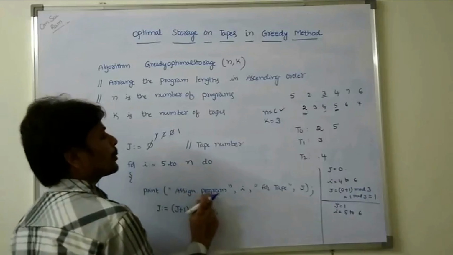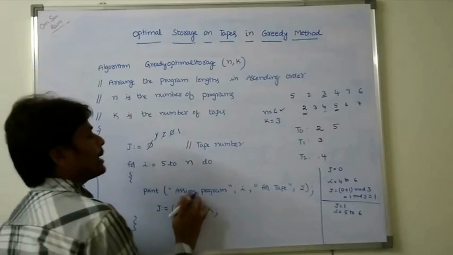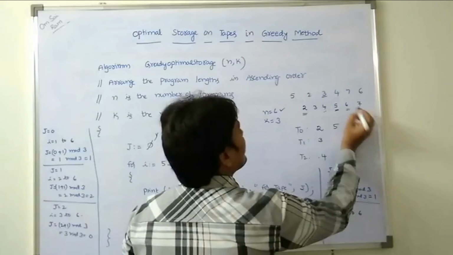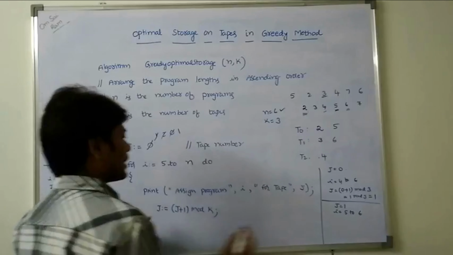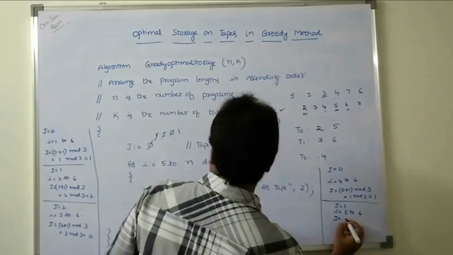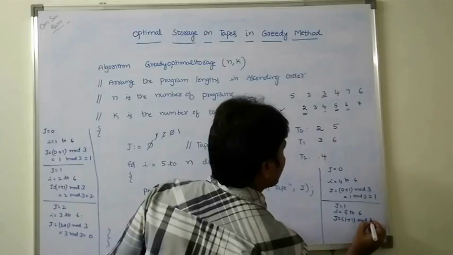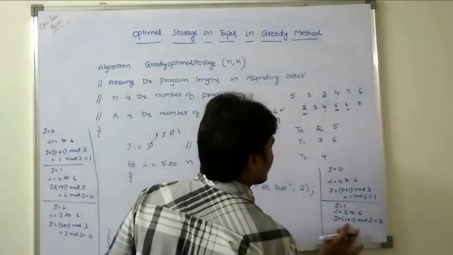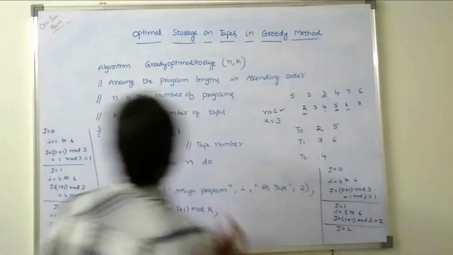Print assign program 5 for tape j, value is 1, assign program 5 for tape 1. Program 5 is 6, so it can be assigned to tape 1. Next, j is equal to 1 plus 1, mod 3, that is 2 mod 3, which is equal to 2. Now j value is equal to 2.